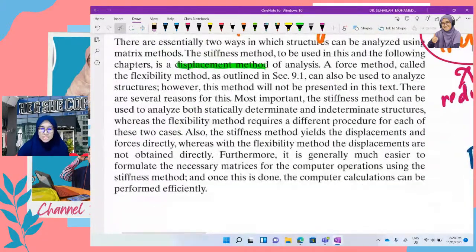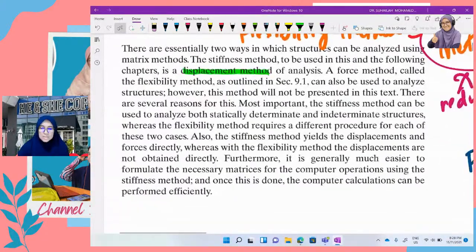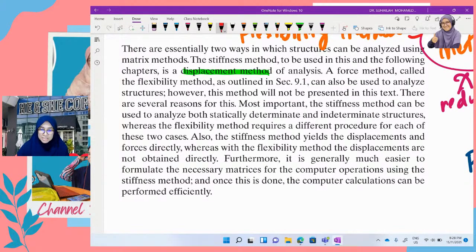So we go back to this. A force method called the flexibility method can also be used to analyze indeterminate structures. However, this method will not be presented in this text. There are several reasons for this.